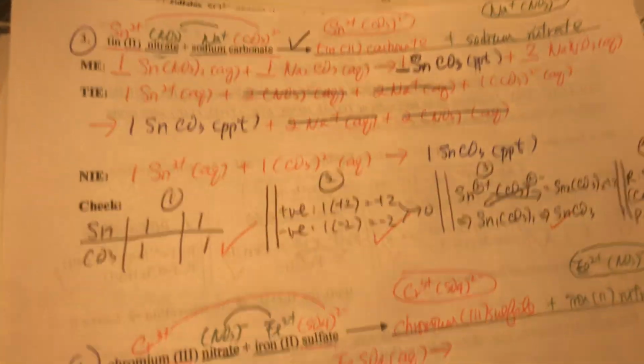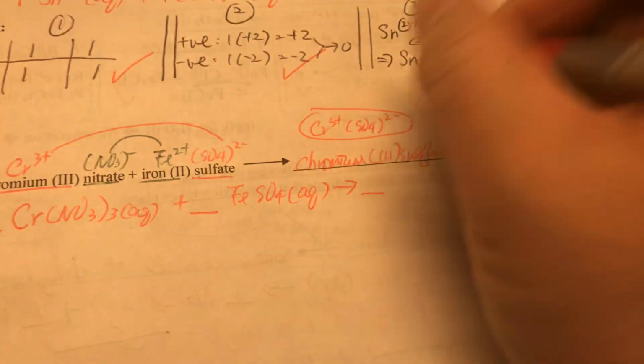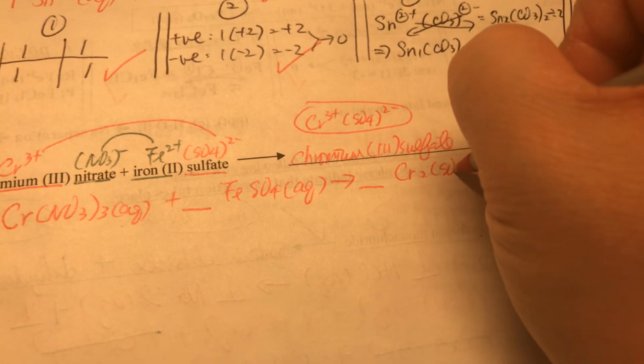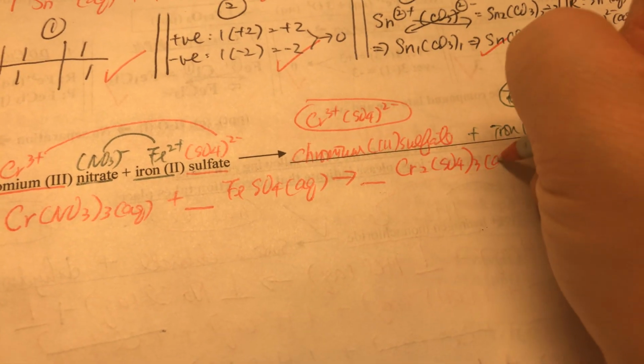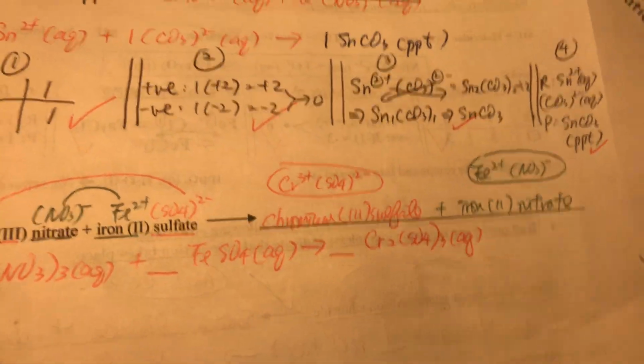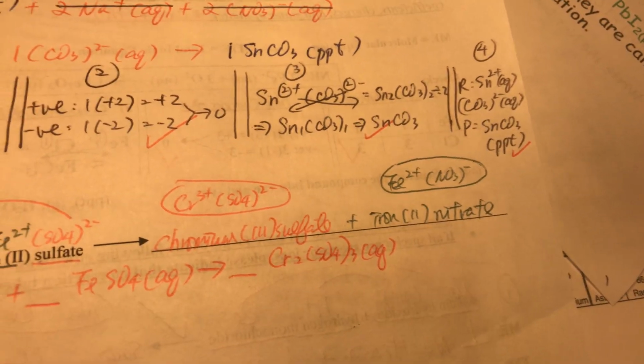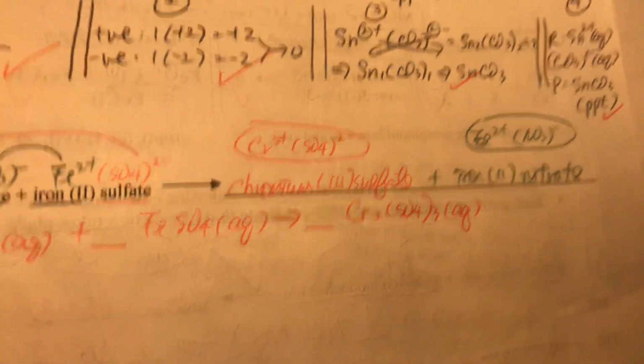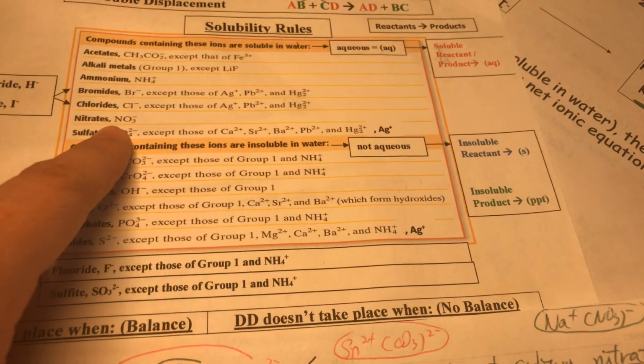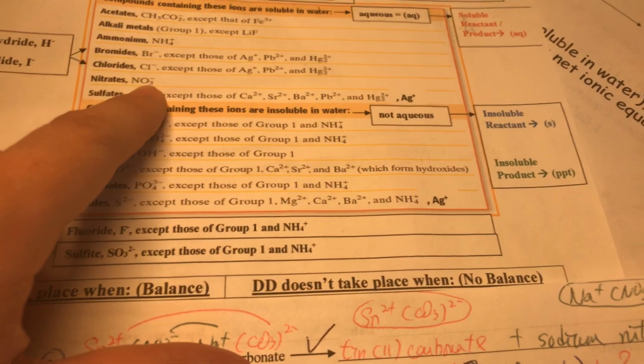So we use red pen. So Cr2 parentheses SO4 close 3 (aq), and then iron 2 nitrate. So iron 2 nitrate. So nitrate is soluble and no water, no soluble.